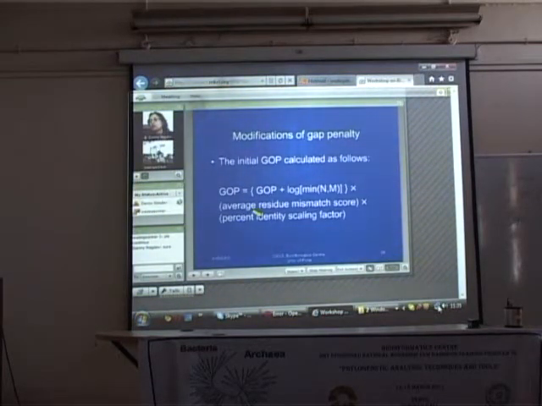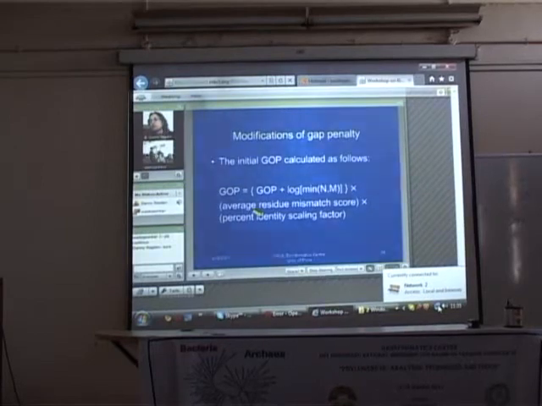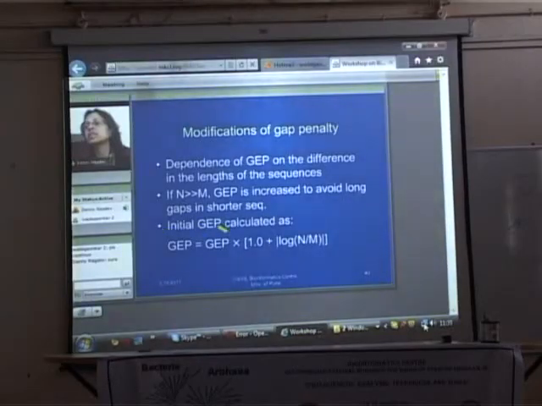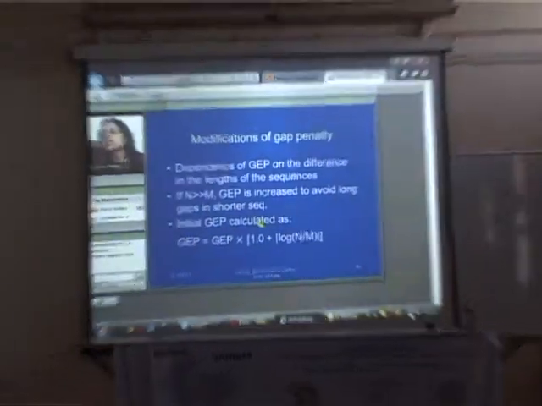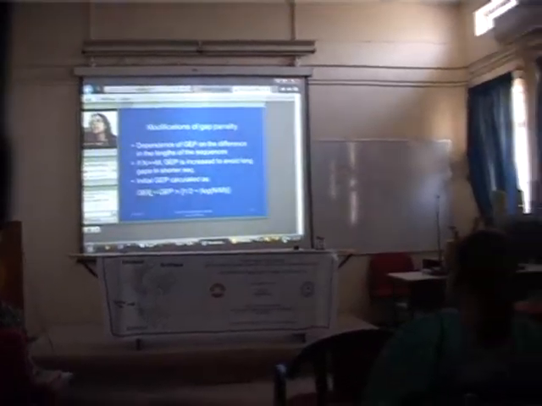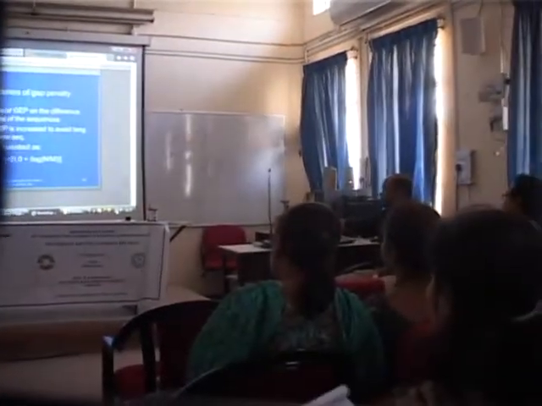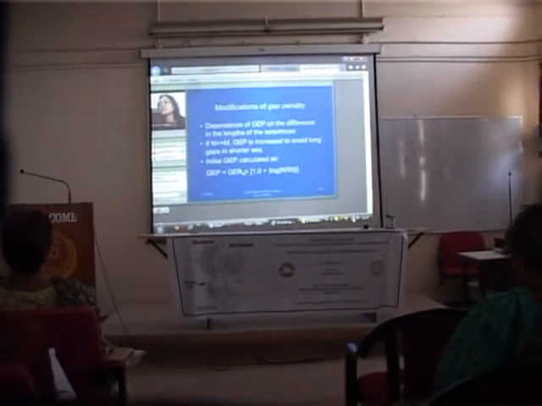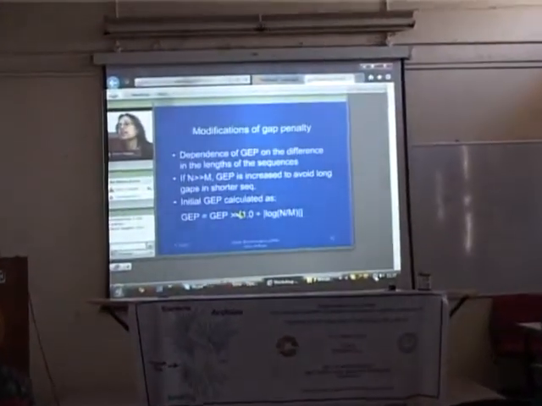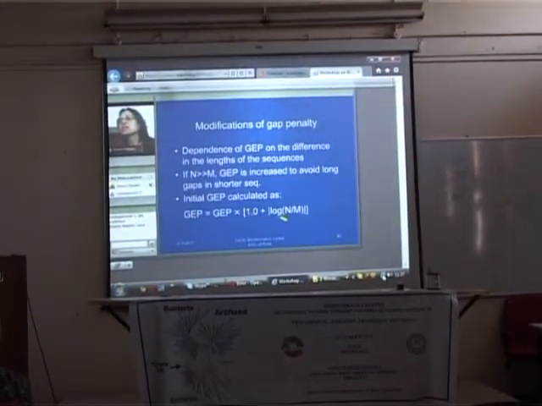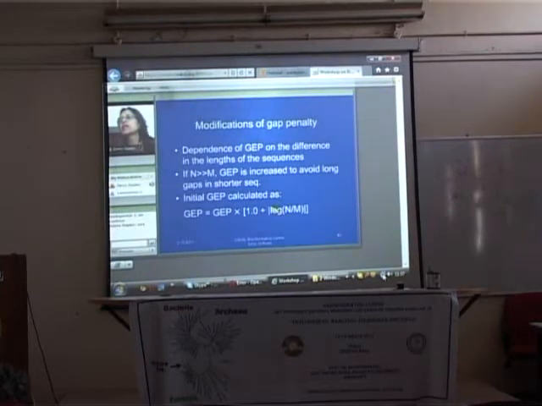So the initial gap extension penalty is calculated as per this formula, where you get the gap extension penalty. This is the user specified gap extension penalty, and they multiply it with a factor which consists of 1 plus log of n by m. So it is a log of the ratio of the lengths, and that is how you take the modulus of that log and add it to 1, and that factor is used to multiply the gap extension penalty.